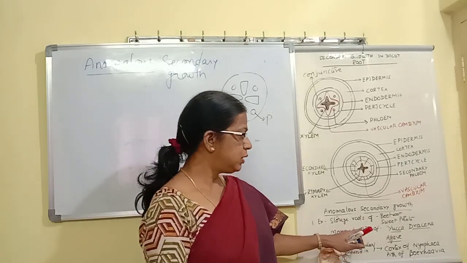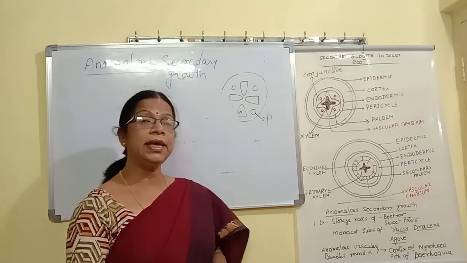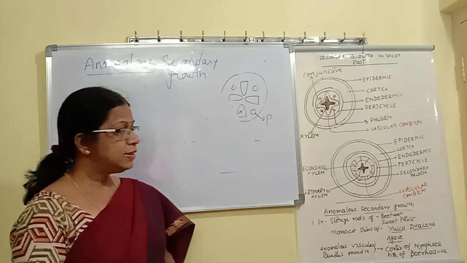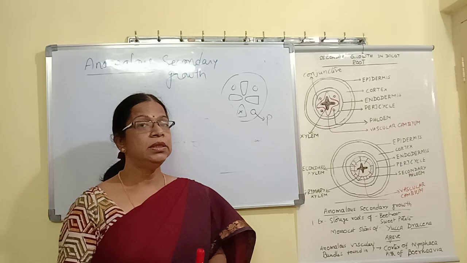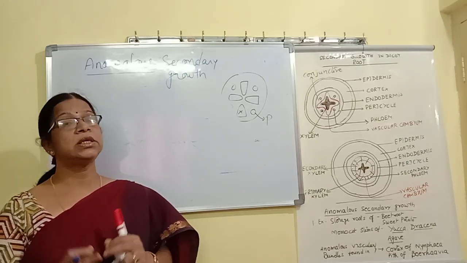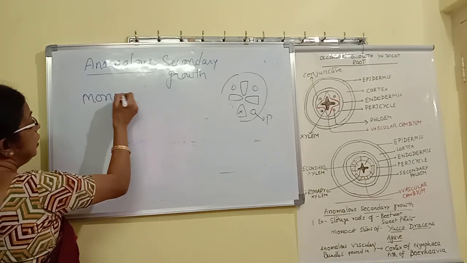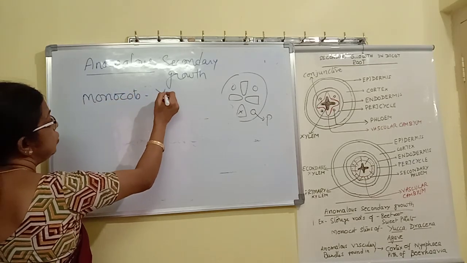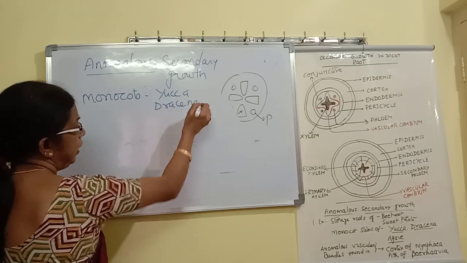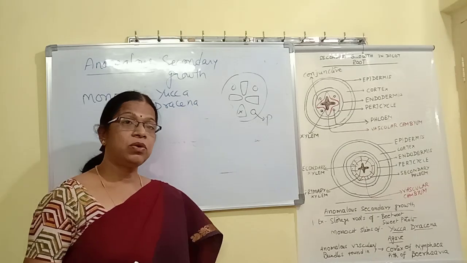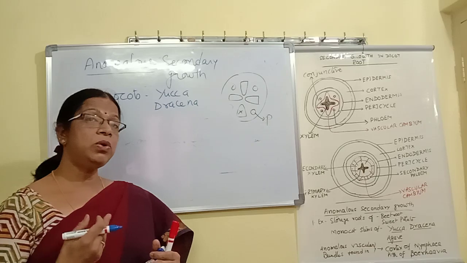Similarly, in the stems of monocots like Yucca, Dracaena and Agave. In these monocots, you know very well, the vascular bundles are closed vascular bundles. So here cambium is formed from some hypodermal regions.